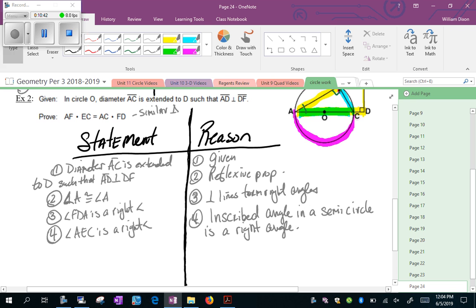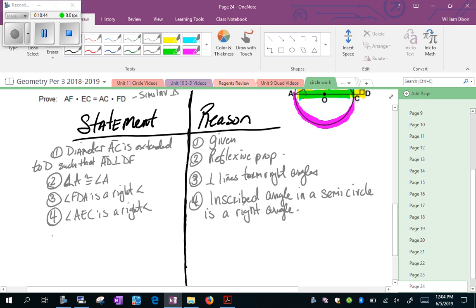All right, and I should state that angle FDA is congruent to angle AEC.